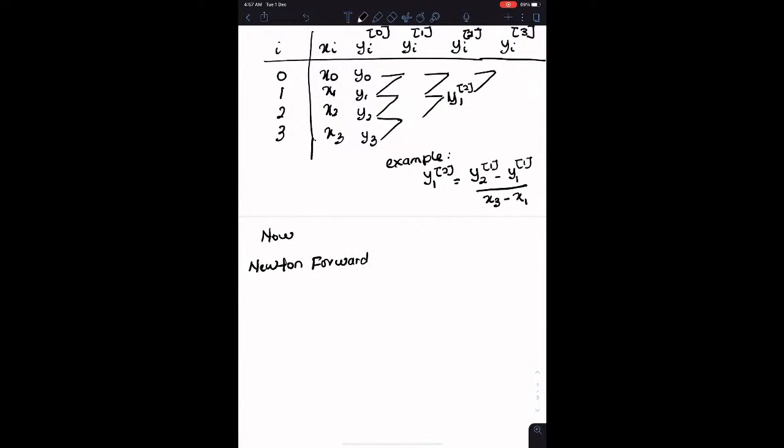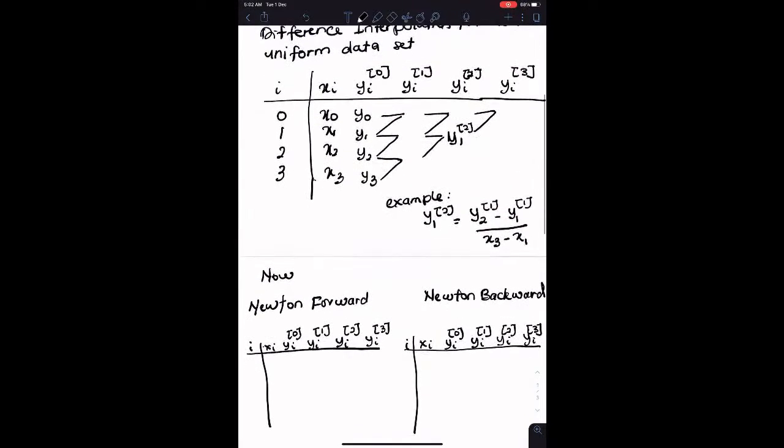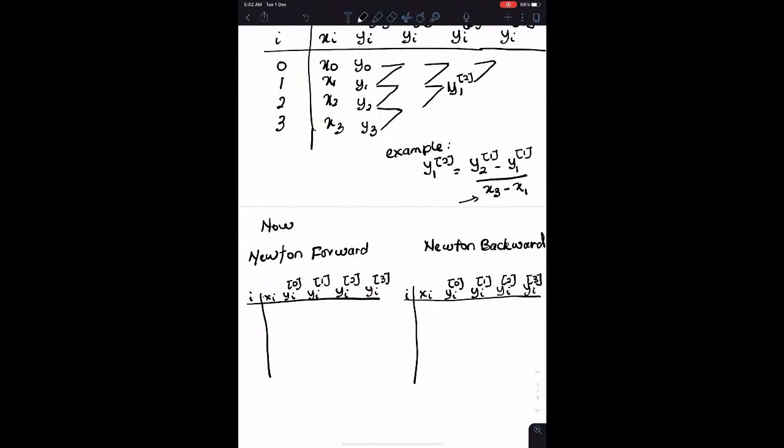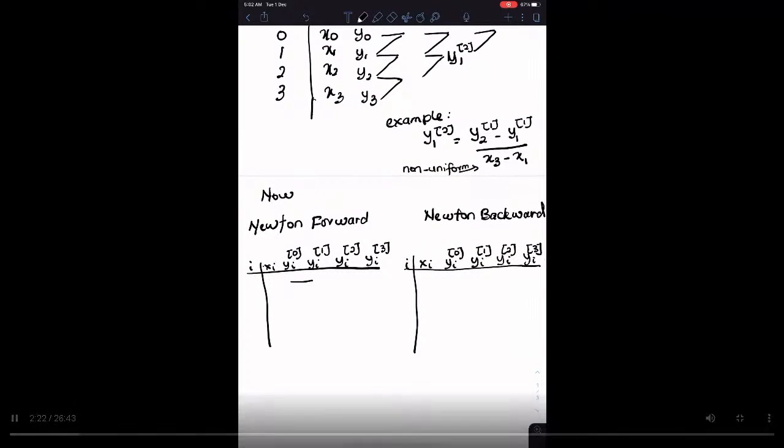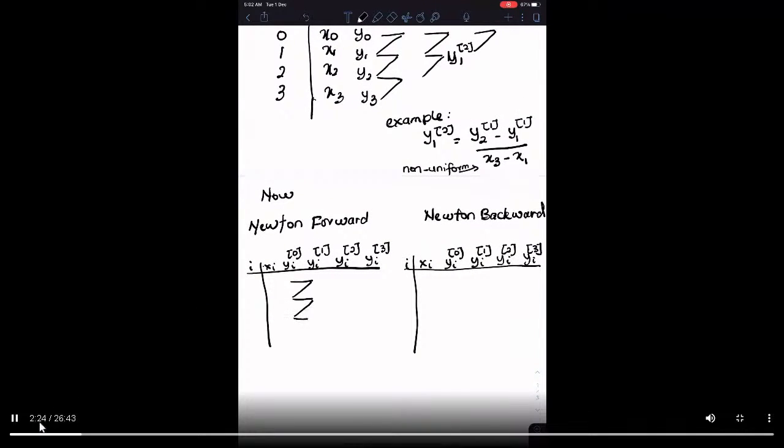With the same terminology, we want to solve the data using Newton forward and Newton backward difference interpolation. The data was non-uniform before, but this time the data is uniform.